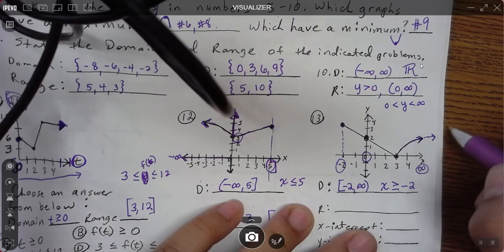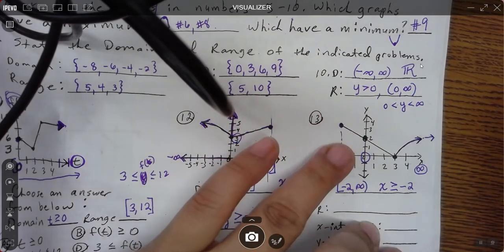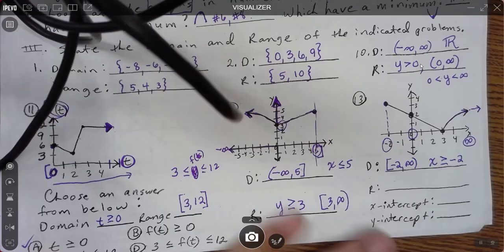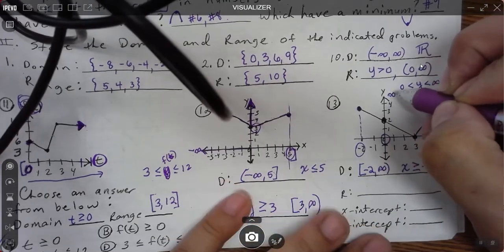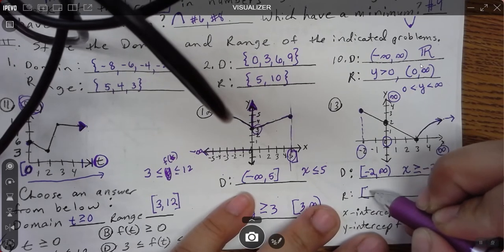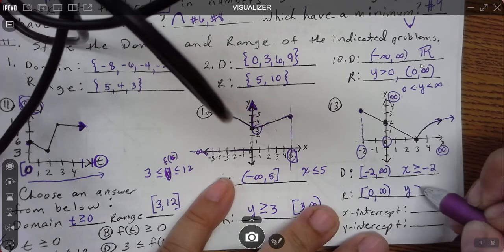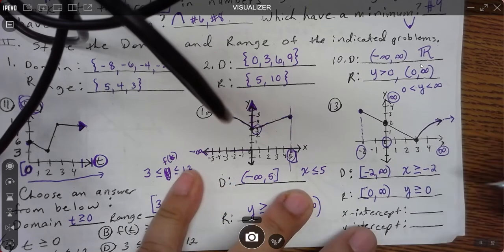So eventually it'll be taller than this point, and it'll just keep going, slowly climbing. So it's going to go to positive infinity. So from 0 to positive infinity, or y is greater than or equal to 0.